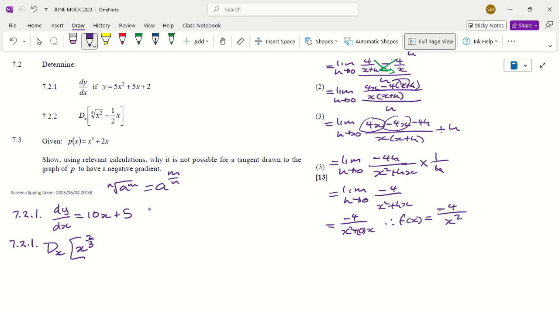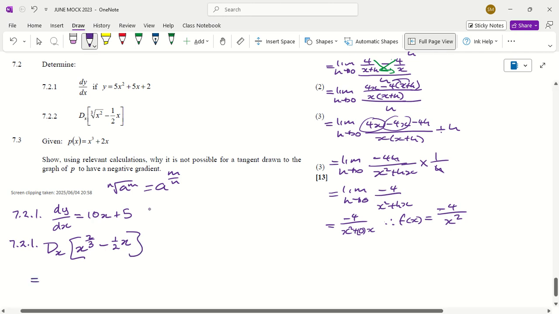So now it's going to be 2 over 3. Then it's minus 1 over 2x. Then we have simplified.